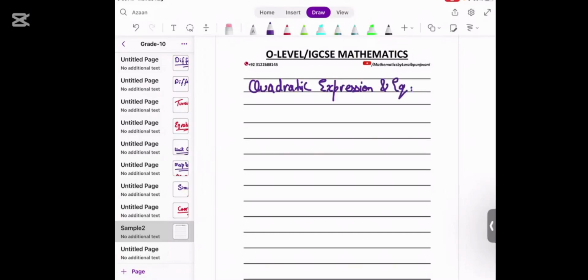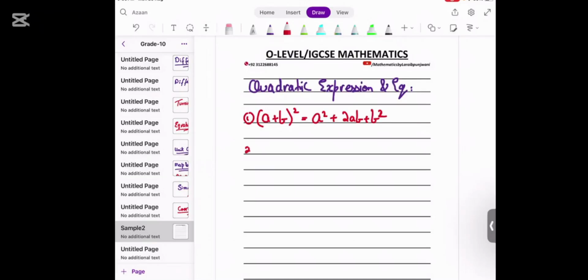First we need to understand some formulas of quadratics, or how we can open this type of formula. Formula one: how to expand a plus b whole square. That will be equal to a square plus 2ab plus b square. These are the sum formulas we will use.